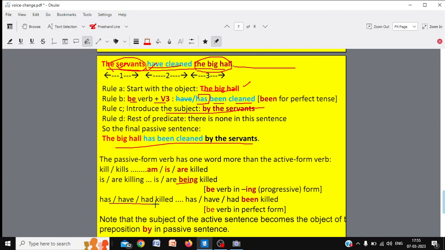Has killed or have killed or had killed, we use has, have, had been killed, there is an extra word. We always have one word extra in passive voice. And note that the subject is not the object of the verb, it is the object of the preposition.